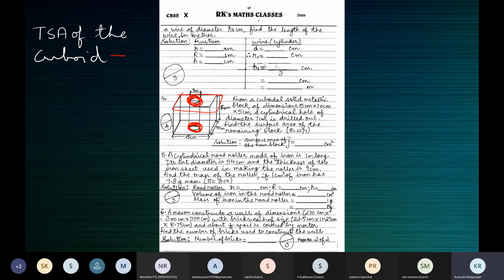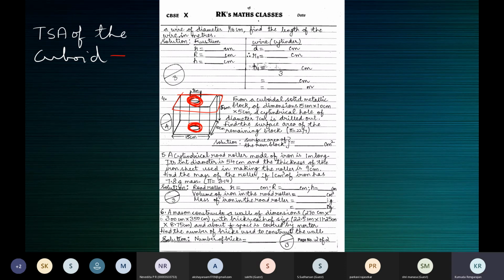Where are the two circles? On the top face and the bottom face of the cuboid. Because of the absence of the two circles, that is the material there, the total surface area of the cuboid is affected, meaning it's reduced.